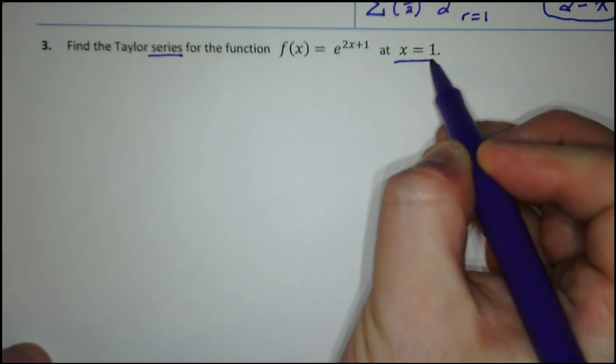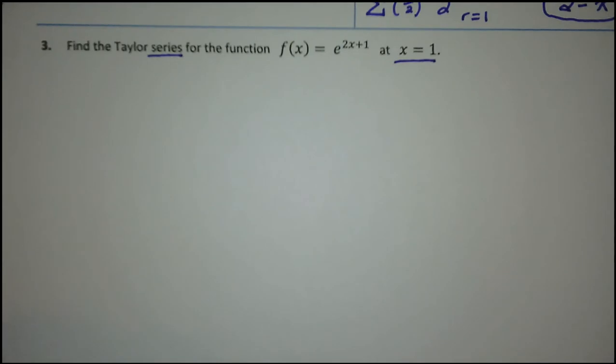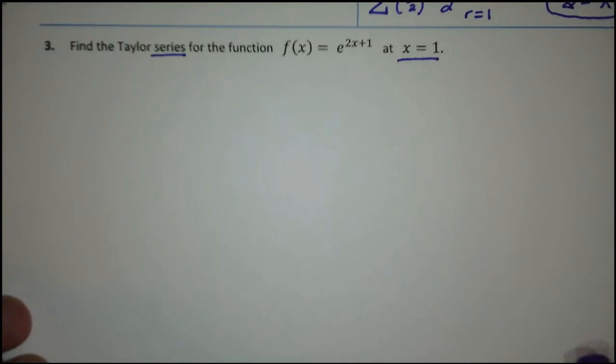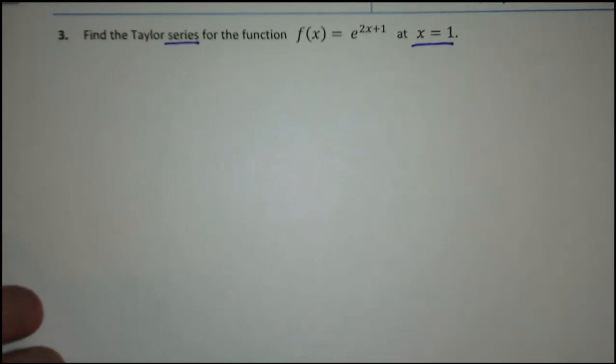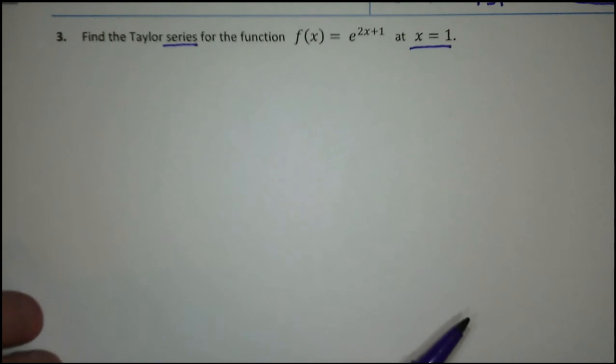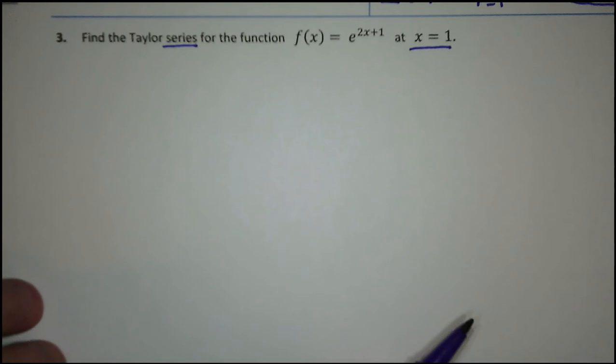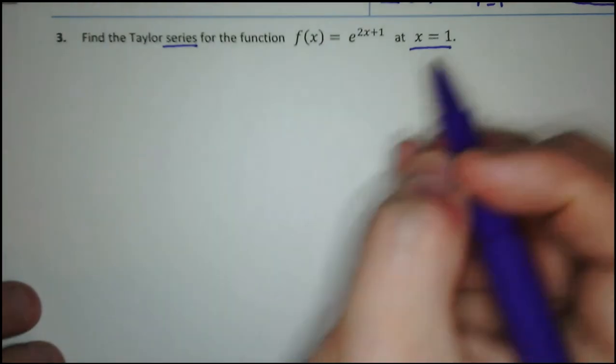Oh, my kryptonite. Let's see if I forget to do this correctly, because it's not x equals 0, it's x equals 1. So here's what we do. I know we're not actually required to give the Taylor polynomial, but that's what we're going to do so that we can figure out the Taylor series.